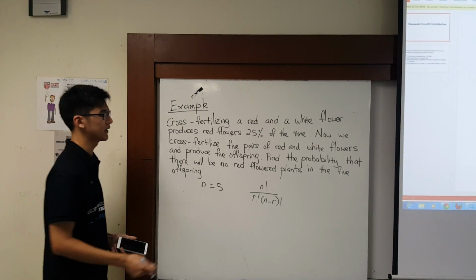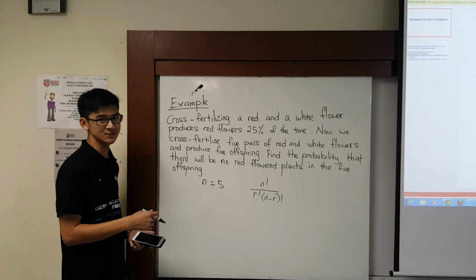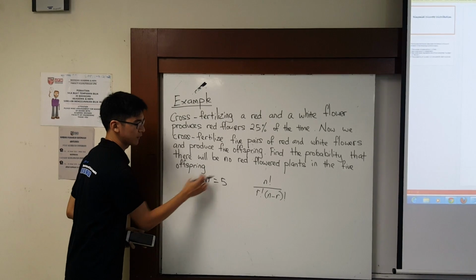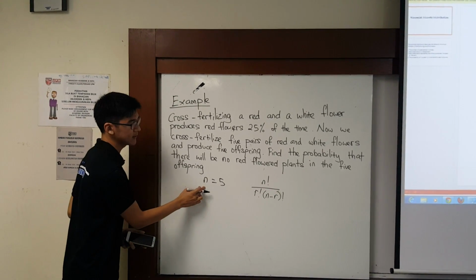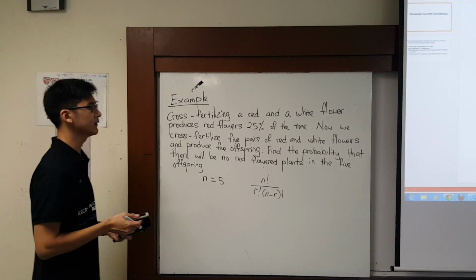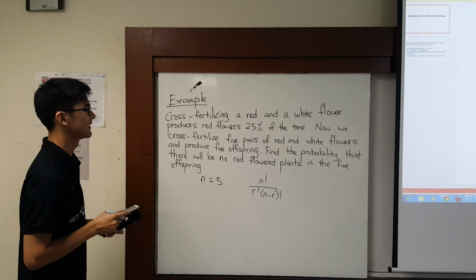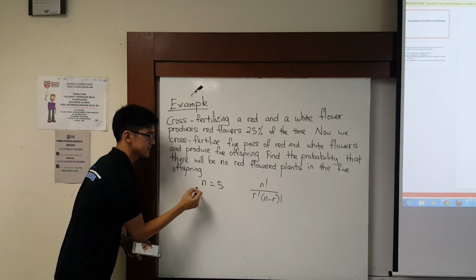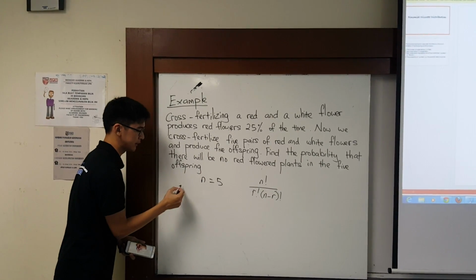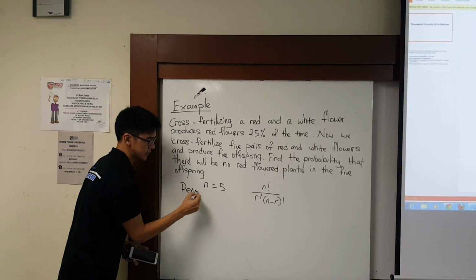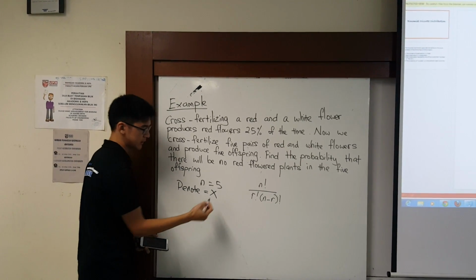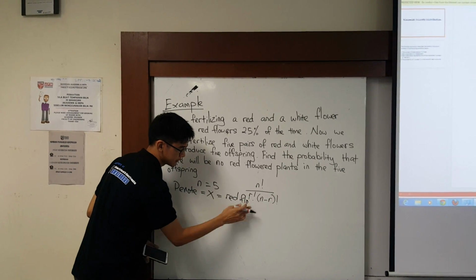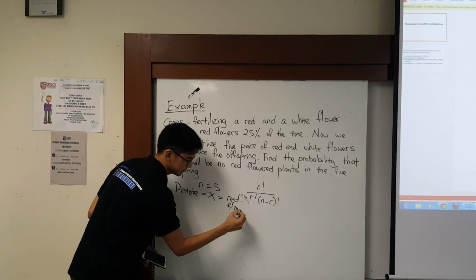Okay, let us look at this question. How do we do it? First of all, we have to find n. The n here is 5. Then we have to find the probability that there is no red flower, so we denote x as the number of red flowers.